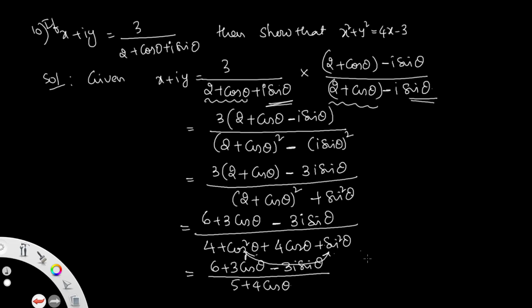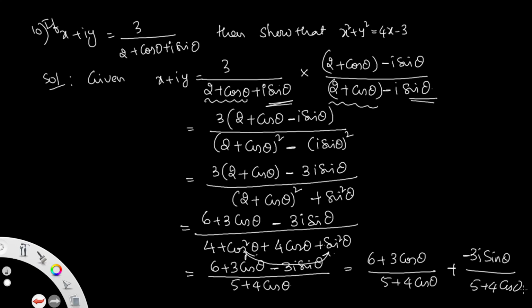6 plus 3 cos theta divided by 5 plus 4 cos theta is the real part, and minus 3i sin theta divided by 5 plus 4 cos theta is the imaginary part.